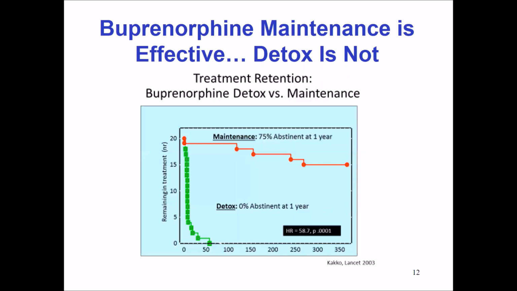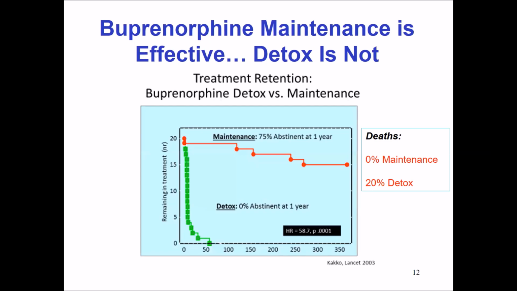This was the first study, a small trial from Sweden that randomized people to maintenance on buprenorphine versus buprenorphine detox in the green dots. And what you see here is that the percent remaining in treatment quickly went to 0 within the first month of those in the detox arm, whereas those in maintenance had 75% negative urine drug screens and retention in treatment after 1 year.